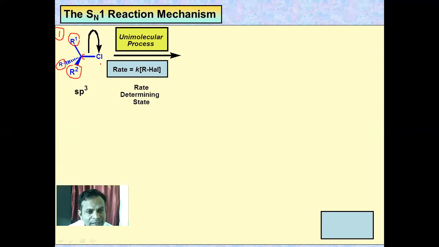Chlorine is much more electronegative than carbon. So the bond between carbon and chlorine breaks in such a way that chlorine acquires a negative charge and carbon acquires a positive charge. So this is step first, the formation of a carbocation.